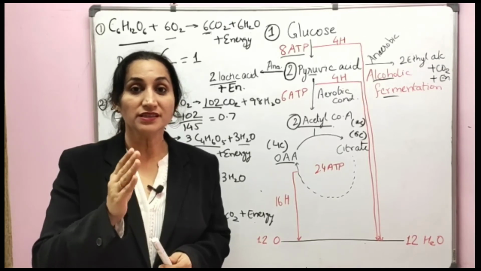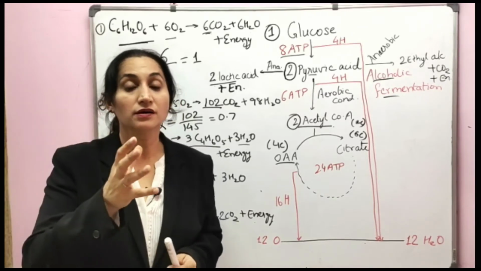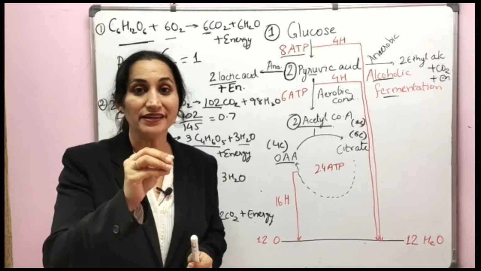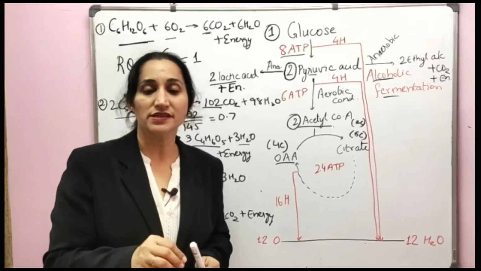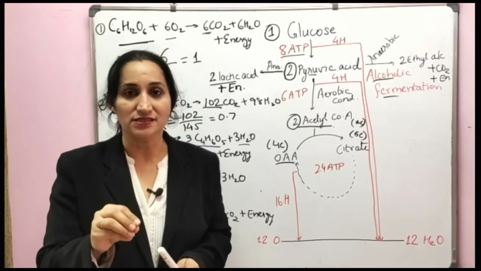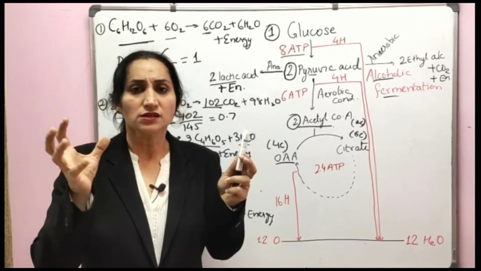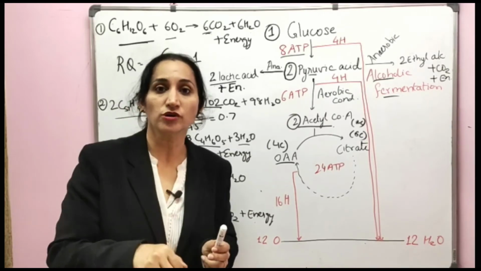Similarly, in some succulent plants, organic acids act as respiratory substrates. In those cases, the RQ of organic acids is more than unity because there is a large volume of oxygen present in their molecules.